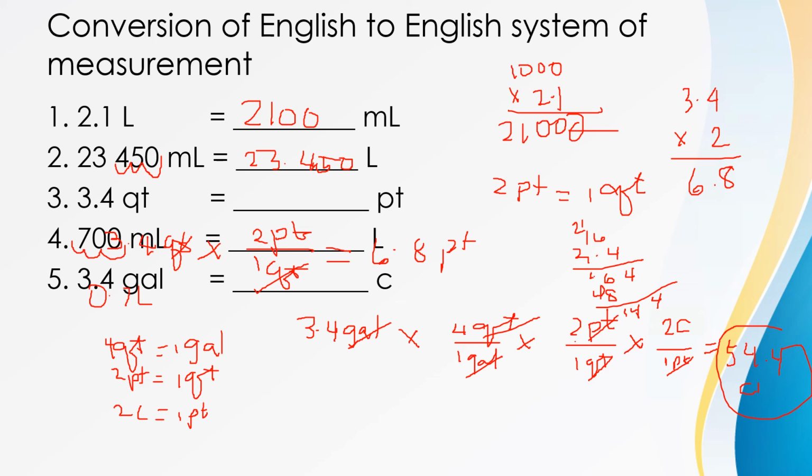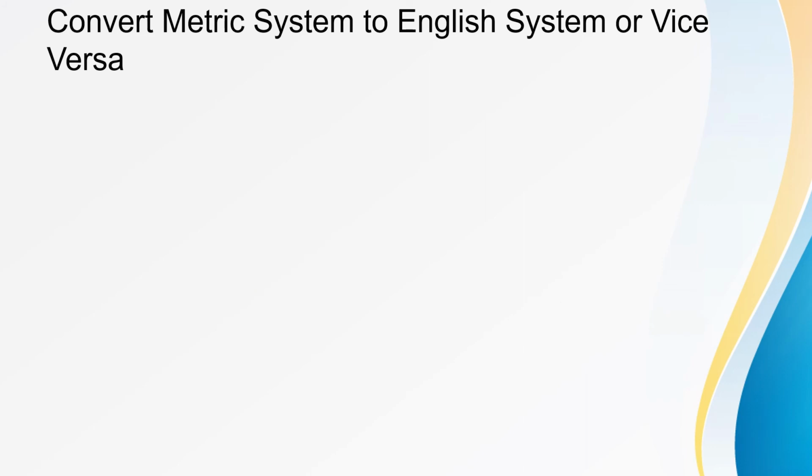Ay, yun. Yun ang gahaba yung pagdadaanan mo. Then, of course, 5 liters. 5 times 1,000. 5,000. Ganun lang kadali. So, you have to memorize, no? Always remember that 1 liter is equals to 1,000 ml. Okay, so convert each, no, metric system to English system or vice versa.